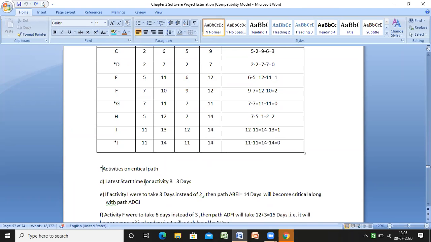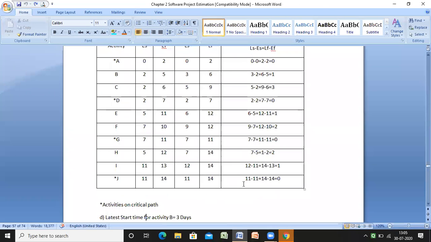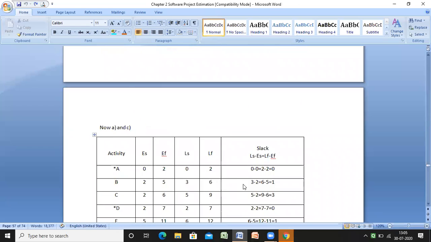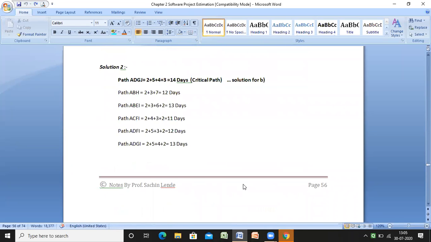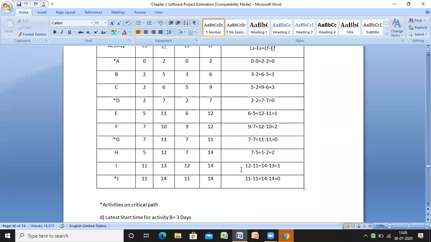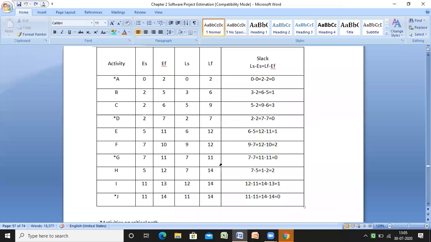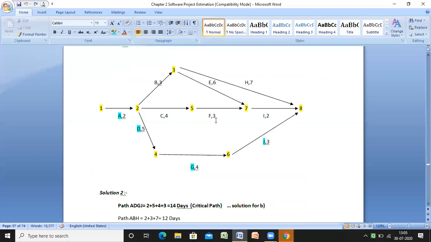Now, the latest start time for activity B. The answer is 3 days. Where is that B? I think it's in the table itself.